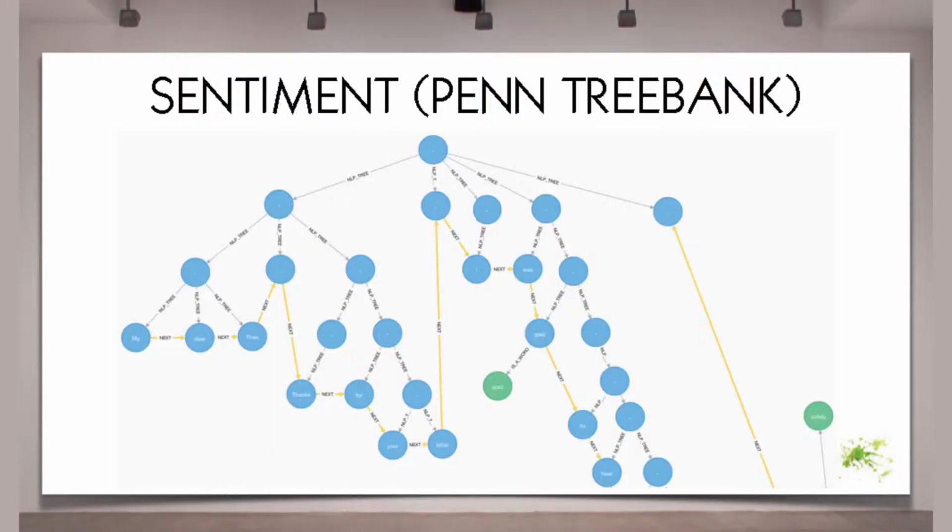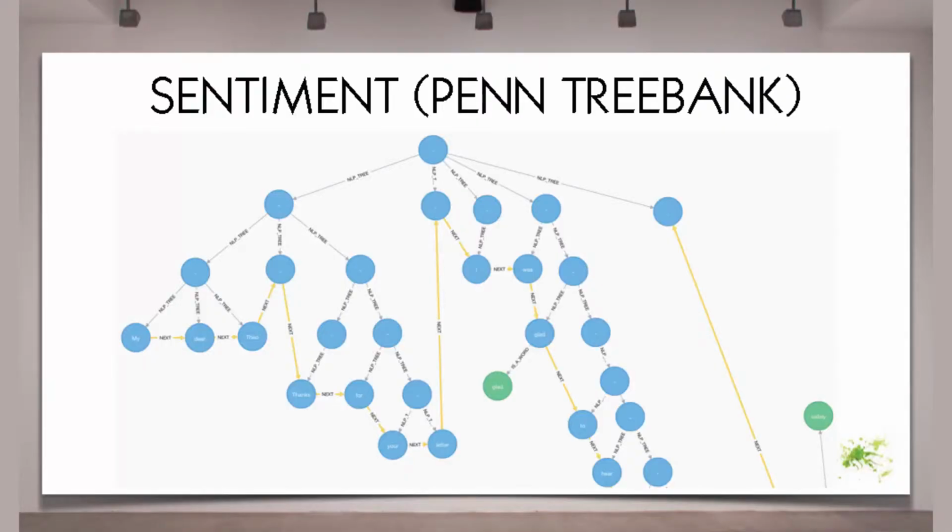For example, on the left side we have a neutral polarity. In the leaf you have the words of the letter, like "My dear". Each node is a word. On the right side we have two green nodes, which have a positive polarity.